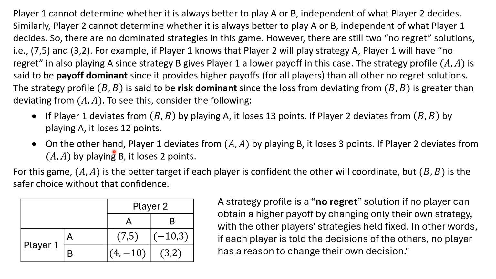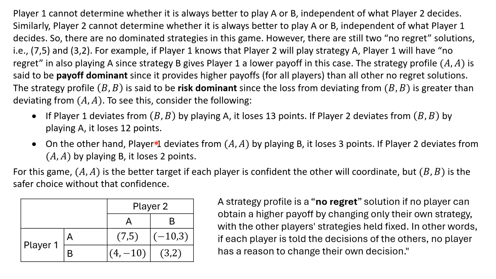So we can look at that here in these two bullets. If player 1 deviates from BB by playing A, it loses 13 points, right? It goes from 3 to -10. And if player 2 deviates from BB, it loses 12 points, going from 2 to -10.